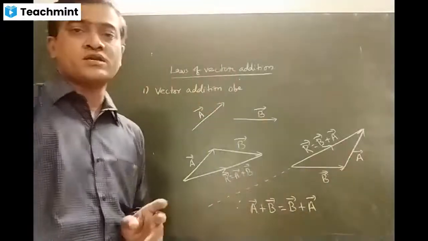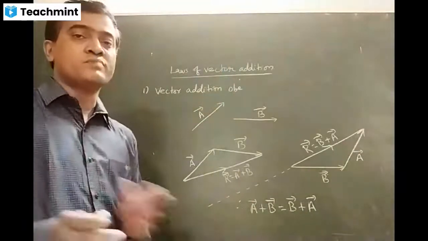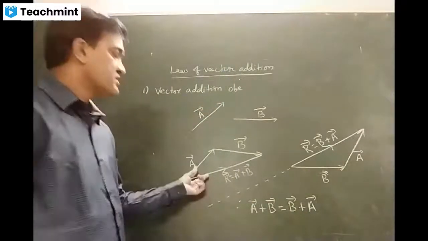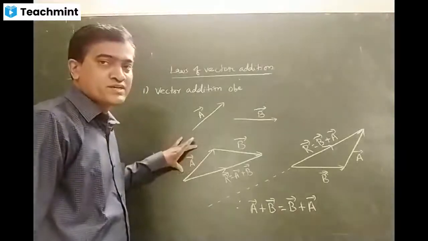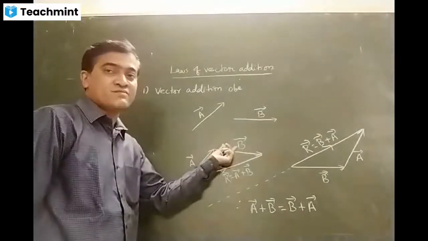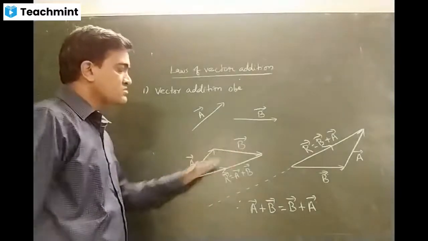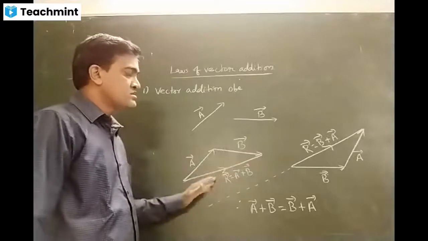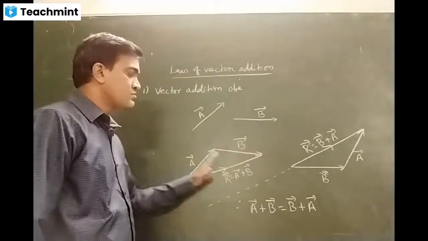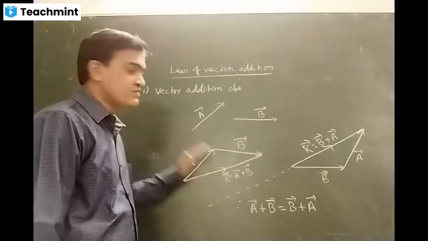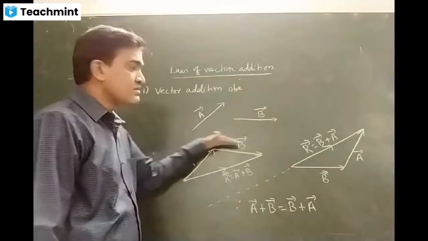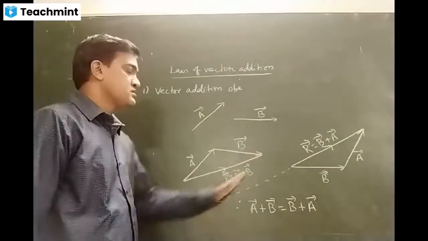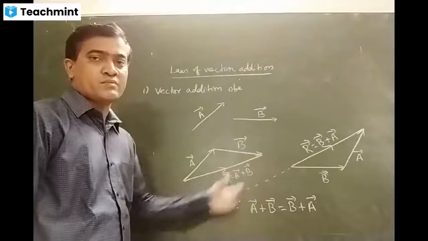In order to show that A bar plus B bar is equal to B bar plus A bar, in the first case I have considered A bar as the first vector and B bar as the second vector. So what is the resultant I got? The resultant is R bar equal to A bar, the first vector, plus the second vector B bar. That is R bar equals A bar plus B bar.